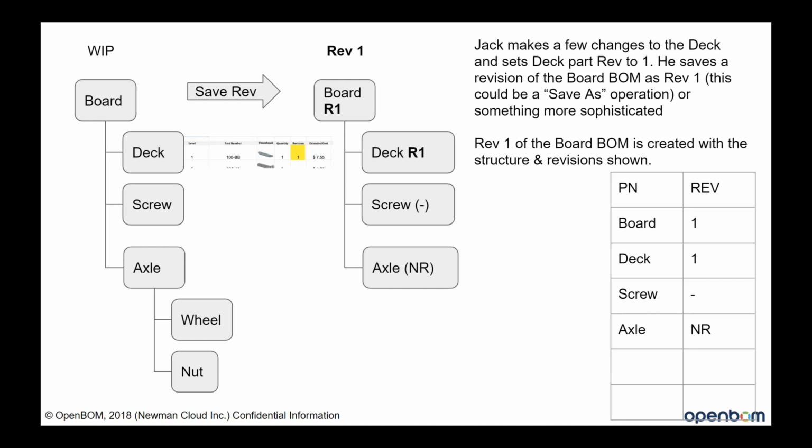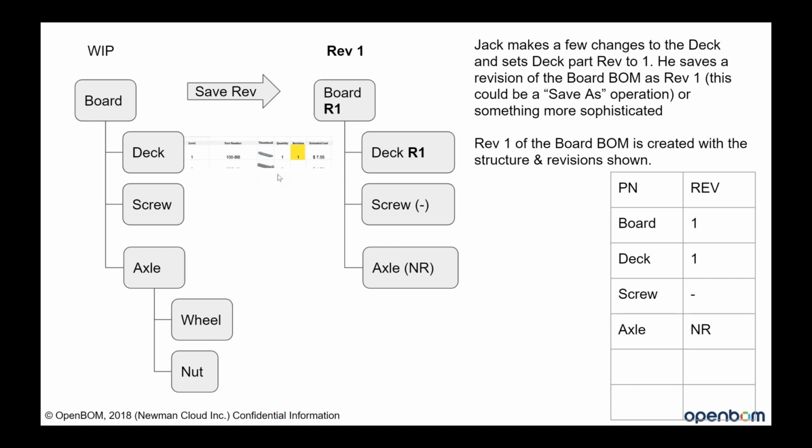This could be in Excel or any other way of describing this bill of material. As I showed here in the middle, here's an image of what his Excel might look like, and he's done some work and he's set the revision for the deck to revision 1.